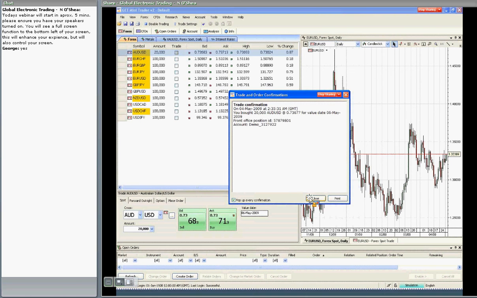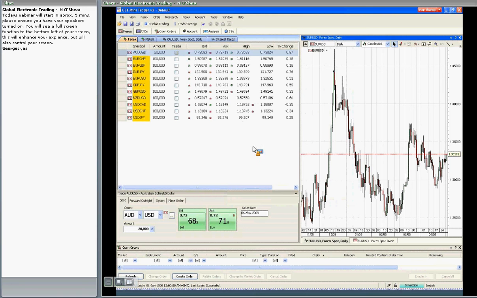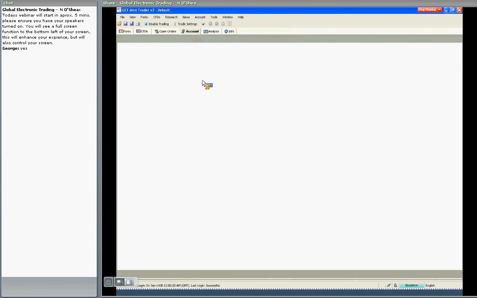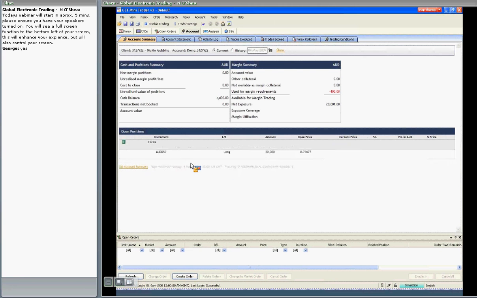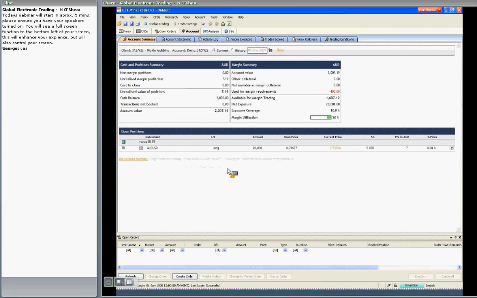As with the other account, you will now see that you have an open position in here, and it will show you on a mark-to-market basis exactly what the position is. You can see it populating now. We've bought, in forex, which is currency, Australian dollars against US. In other words, we're long in the amount of $20,000 at 73.677.